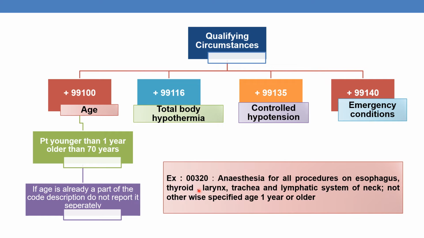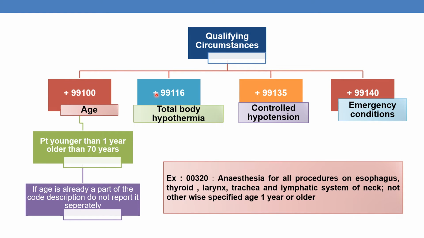For example, 00320 indicates anesthesia for procedures on esophagus, thyroid, larynx, trachea and lymphatic system of neck, not otherwise specified, age 1 year or older. In this code description itself, age is a part of this description. So while reporting this code, you should not use the add-on code plus 99100.